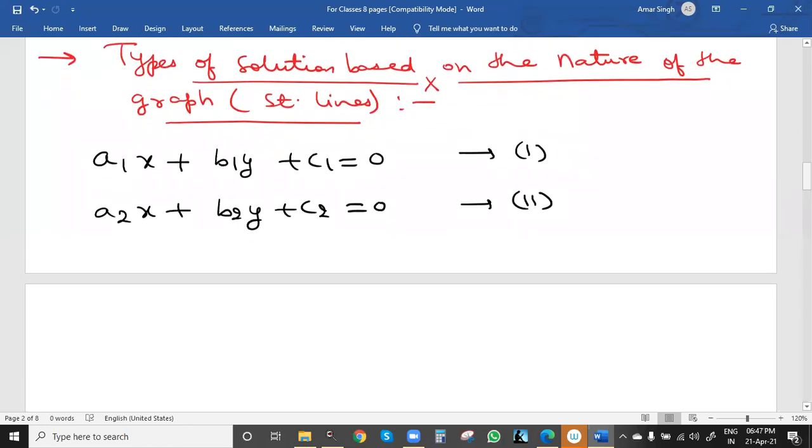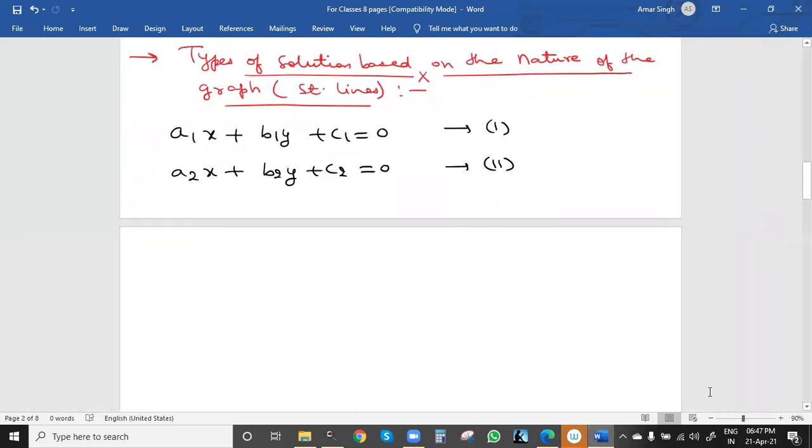Now we already know that the graph of these equations will be straight lines. We know this from our previous understanding.